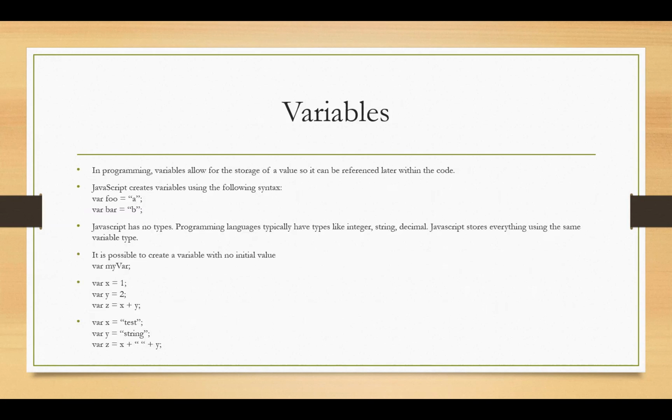So just like within Java, you can use different variables within JavaScript. So here we have a variable foo equals the string "A", variable bar equals the string "B". So instead of int x or string foo, it's just var, short for variable.